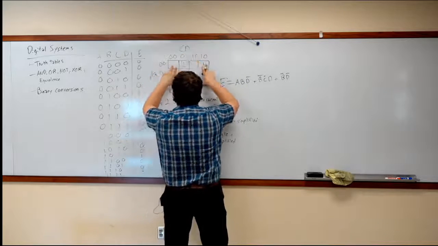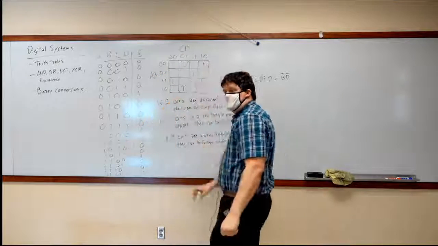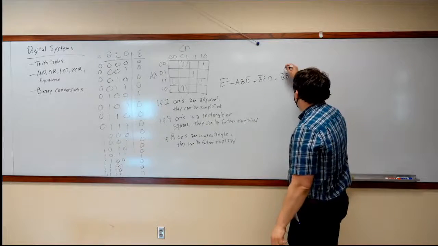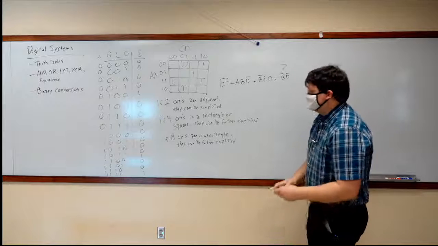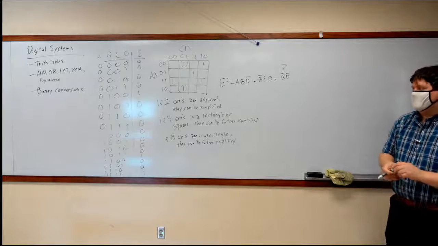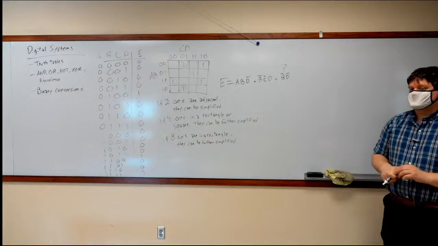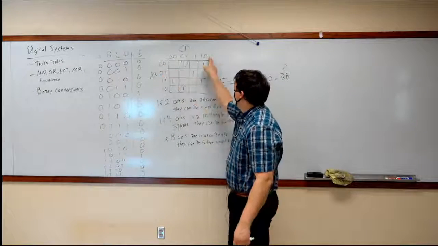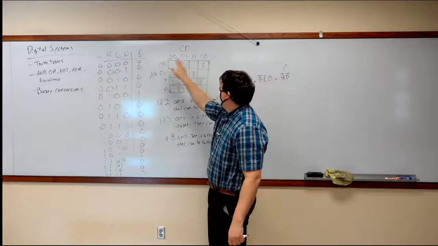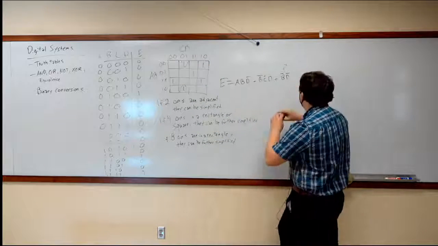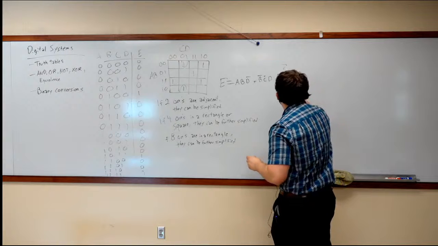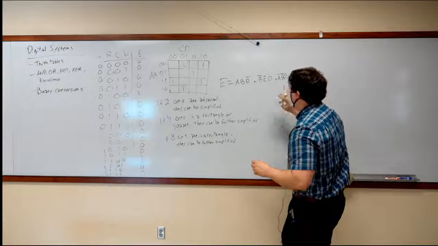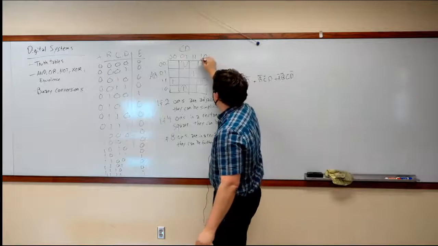So that would actually represent all four of these, which is not true. So I got confused on how to translate the ones that are not right next to each other. That one you're going to end up having four terms in it. So here, this is B naught, D naught, yes, but this is also A naught, C. So we could just write this as A naught, B naught, C, D naught. And that specifically identifies this one square.